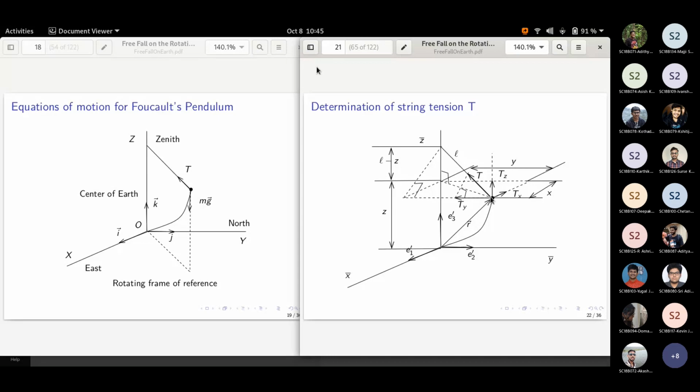Right now, let us look at this figure. I will just explain the figure, and once again we will start from the next class. Before that, what we have done is, at any point of time, I have resolved the pendulum tension T into three directions, one along the X direction, one along the Y direction, and one along the Z direction.